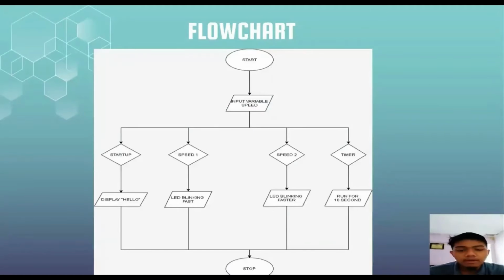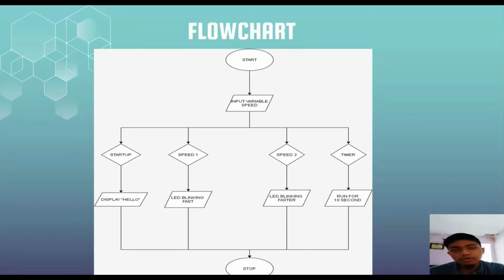Bismillah, Assalamualaikum, I'm Muhammad Amirul. Now I will continue with the flowchart. Before me, the coding has been presented. Now I will continue the flowchart with a simple explanation. First, at start, next is the input variable speed. Next, at a decision we place a startup button. When we press it, it will display hello.